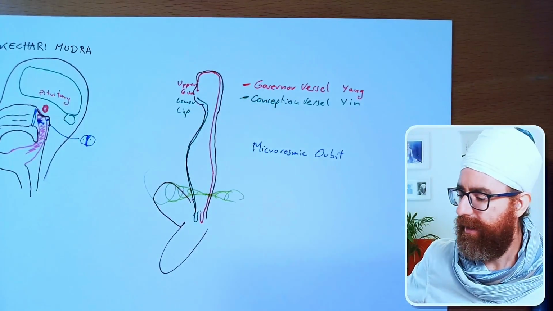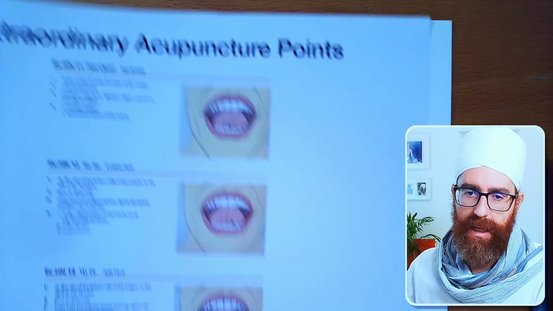Now, when they talk about this microcosmic orbit, and particularly when it's talked about putting the tongue in the nasal cavity when it's stretching it through Khechari Mudra, it is described how this stimulates the flow of Amrit. Now, it's very interesting, coming back to Chinese medicine, I found some extraordinary acupuncture points like this.